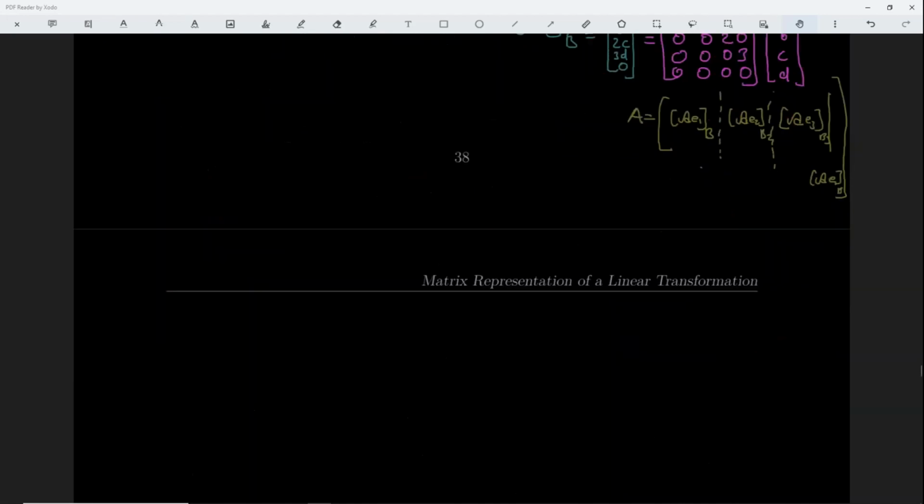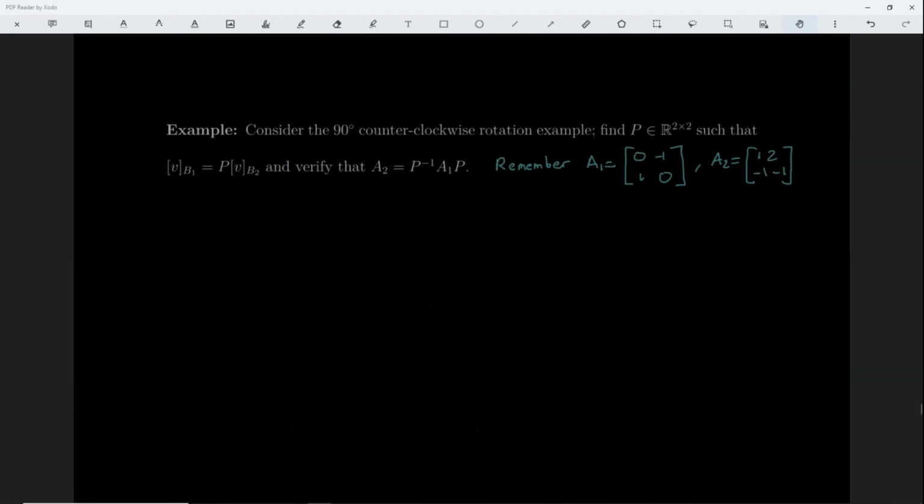So maybe we can draw those down there. Okay, let's go back. So this was V1, this was V2, and this was V3, right? And B1 was V1, V2, and B2 was V1, V3, right?